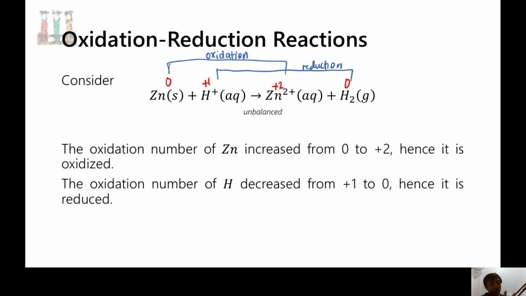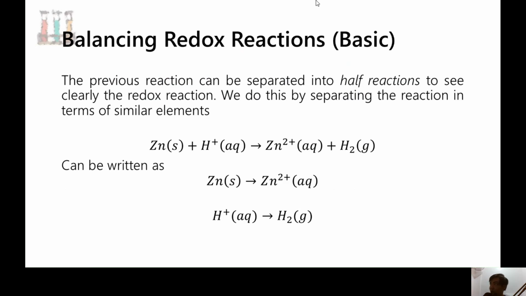So we have to account for that now. When balancing redox reactions, you have to be careful. Let's see what we will do. The first step to balance them is to separate the equation into half reactions. What are half reactions? Those are reactions where you can see the oxidation reaction and the reduction reaction in separate equations.